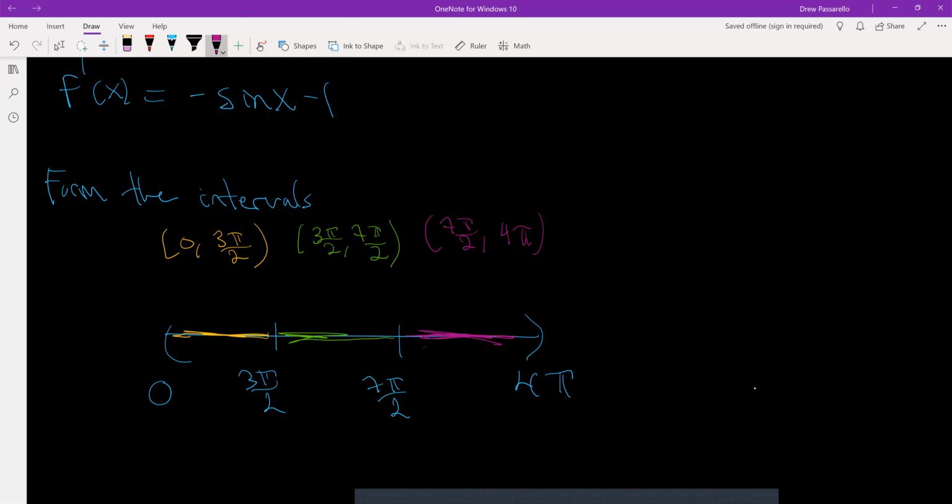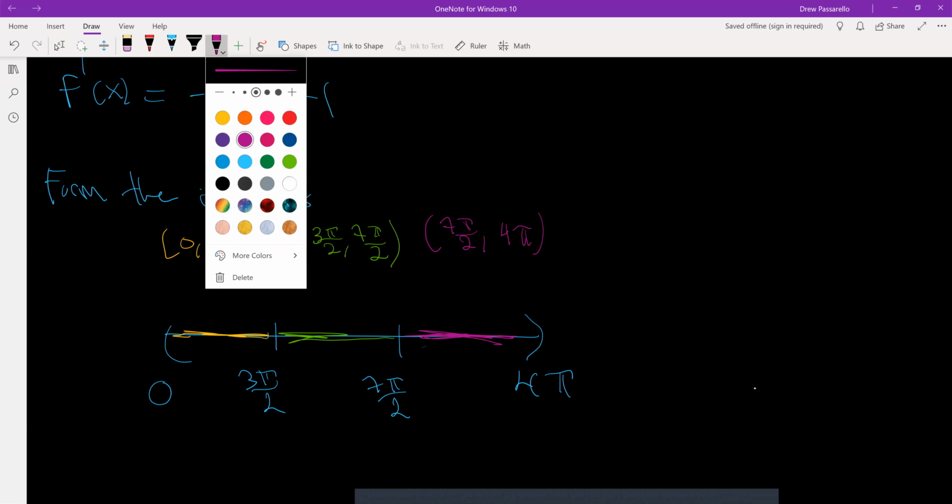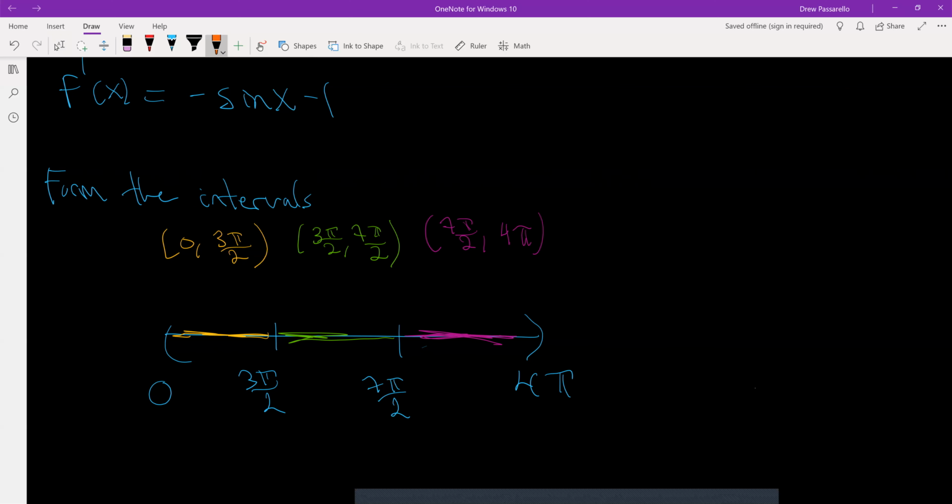So I just got to pick some values that are in each of these test intervals. So I picked some test values, and I'll use orange for the color for the test values. The first test value between 0 and 3 pi over 2, you could just use pi. So x1 equals pi is going to be my test value.